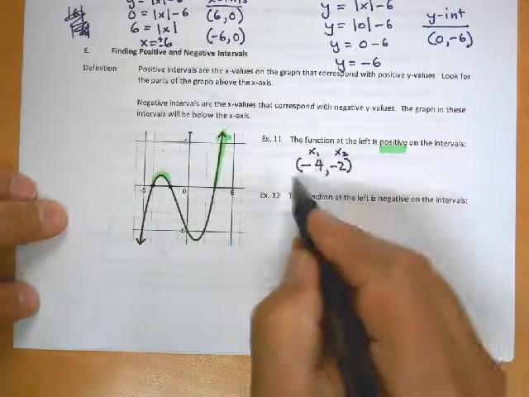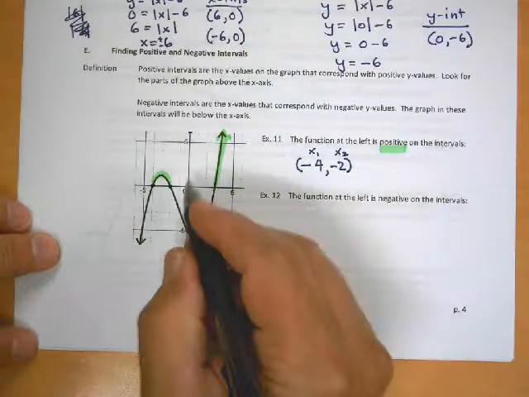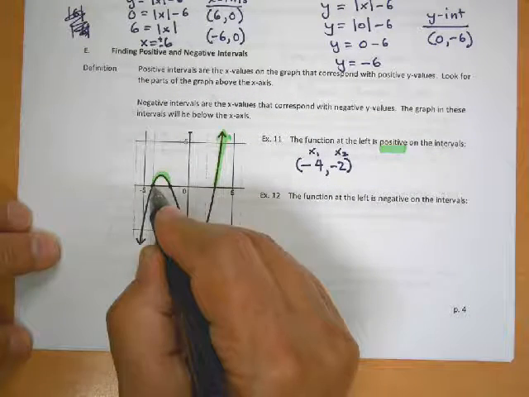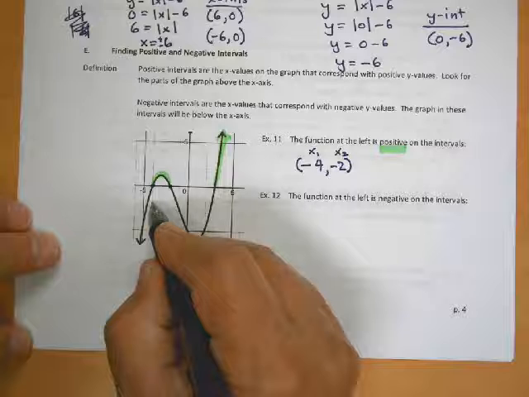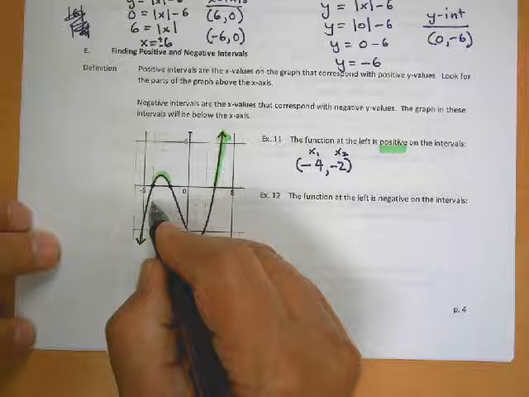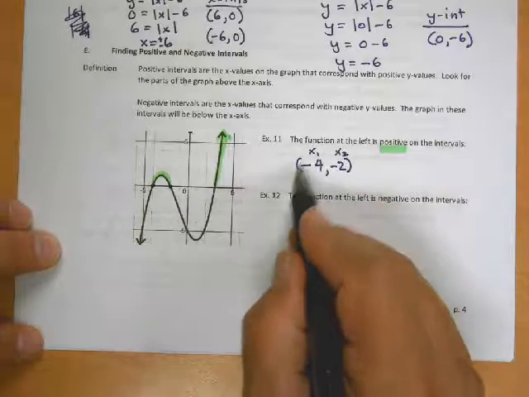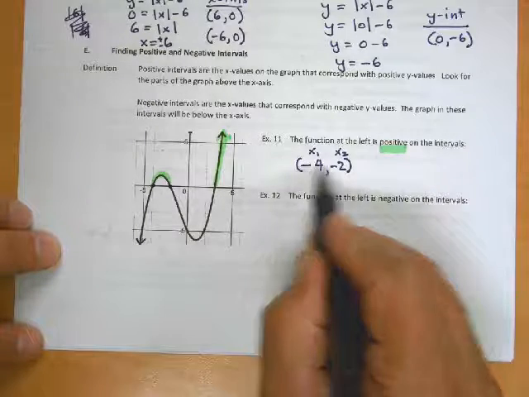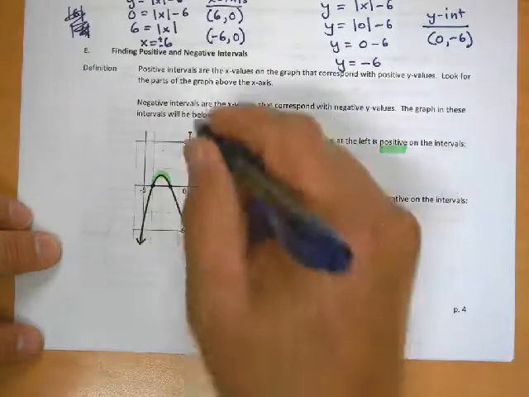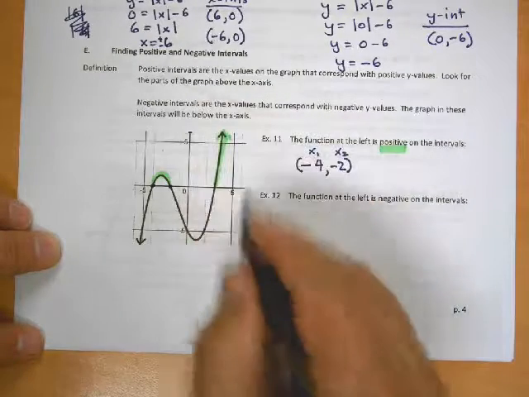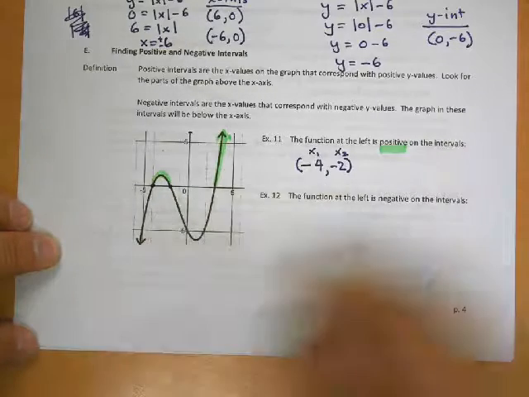This is not a point, -4, -2. In fact, -4, -2 is a point that's not even on the graph. So it has nothing to do with this problem. It's important that you realize that when you see interval notation, it's a starting x and an ending x, or maybe in the case of range where you're going up and down, it's a bottom y and a top y.